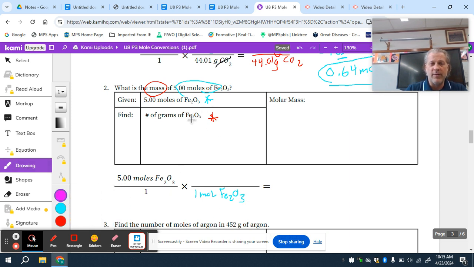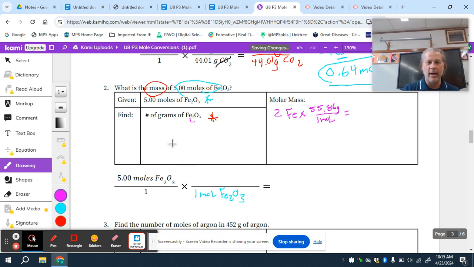So we're going to look at Fe2O3, and I see that there's a 2 behind the Fe, so I'm going to need 2 Fe's. And this time, remember, we're going to get our information from the periodic table. When I locate iron on the periodic table, I see that its mass is 55.86 grams in 1 mole.